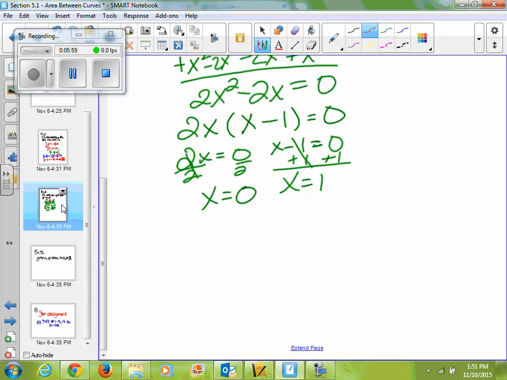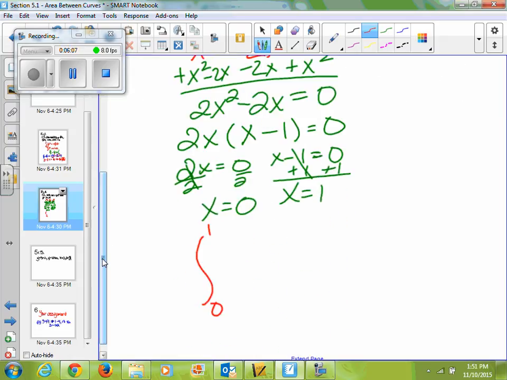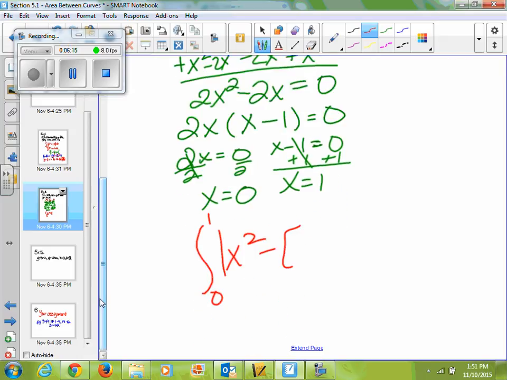The second part of that is then taking the integral from 0 to 1 of my original function, which is x squared, minus my secondary function, 2x minus x squared, dx.